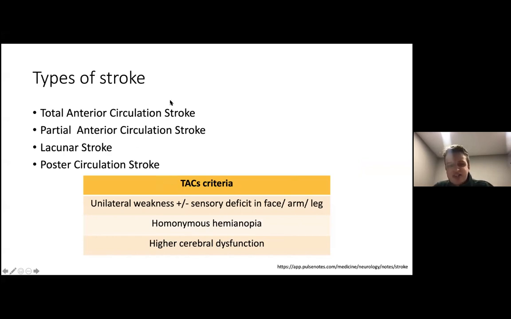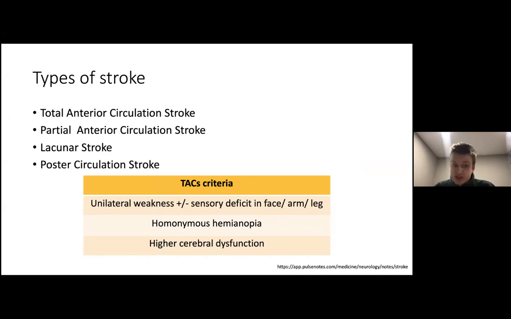To get a total anterior circulation stroke, you need all three components: unilateral weakness with or without sensory problems in the face, arm, or leg, homonymous hemianopia, which I'll discuss in a minute, and higher cerebral dysfunction. For partial anterior circulation strokes, you only need 2 of these 3 criteria.